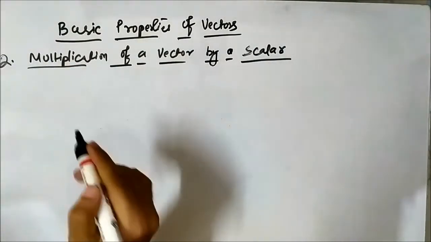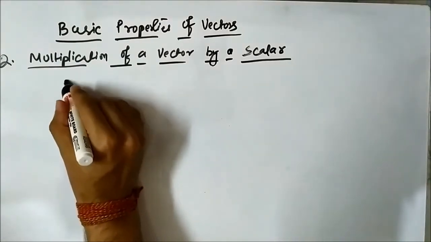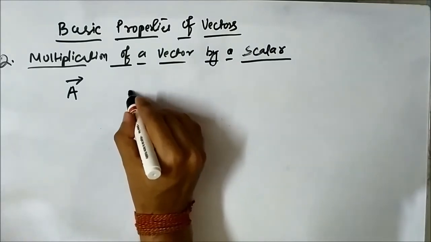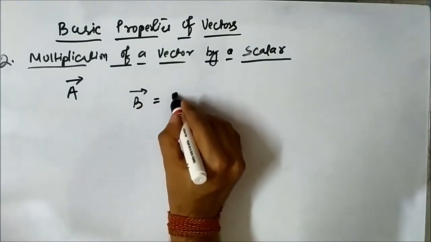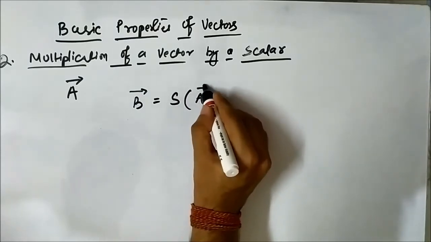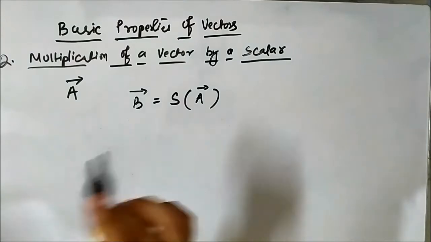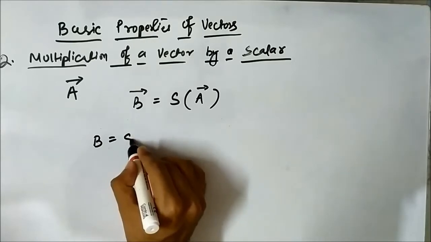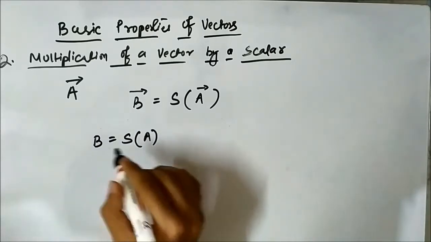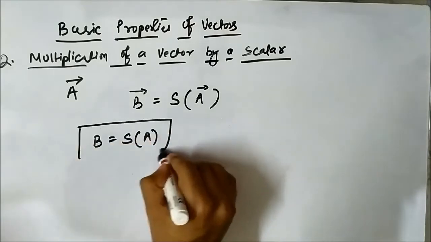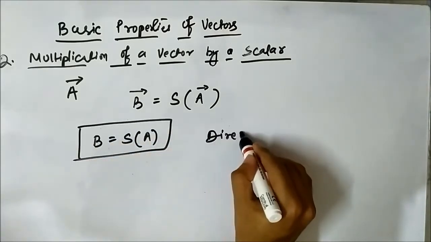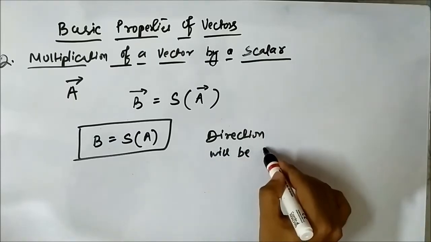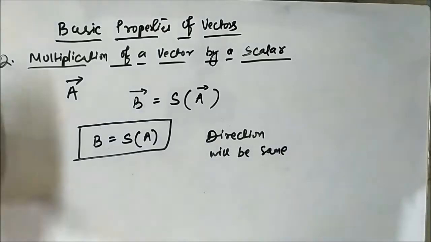So if we have a vector and that vector is multiplied by a scalar quantity, let the scalar be S, then we will get a new vector B vector which has its magnitude multiplied S times, but the direction stays the same. The direction will be the same as in multiplication by a real number.